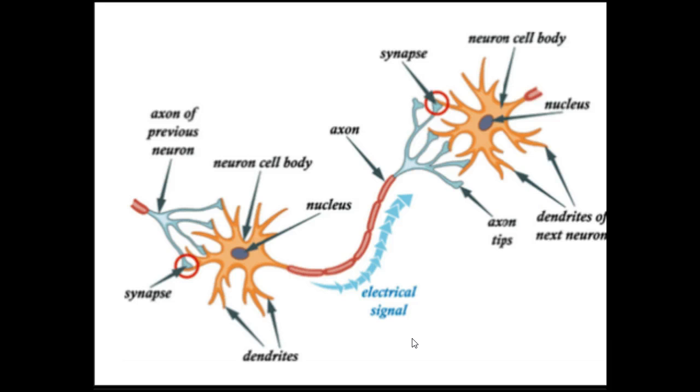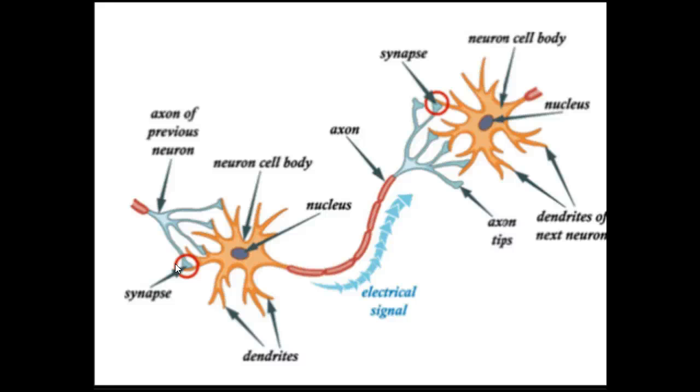So here we have again the neurons, and here we have the axon of a previous neuron, and here we have our terminal. This is when one axon ends and is connected to a dendrite, and they're actually not completely connected.